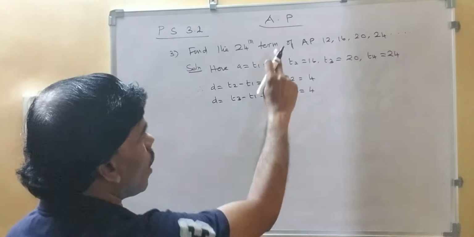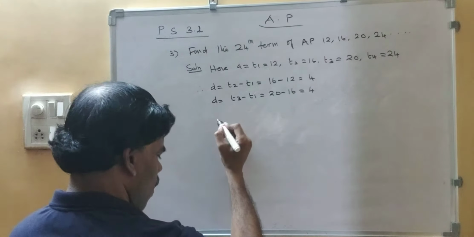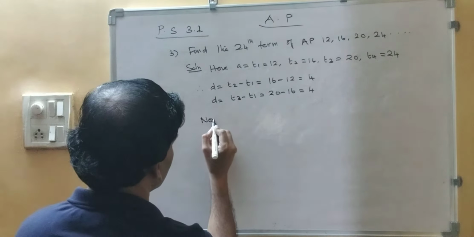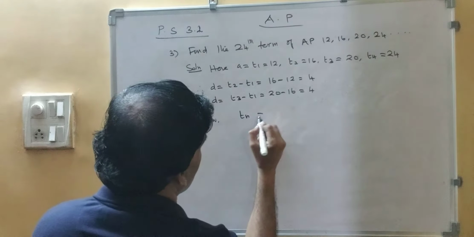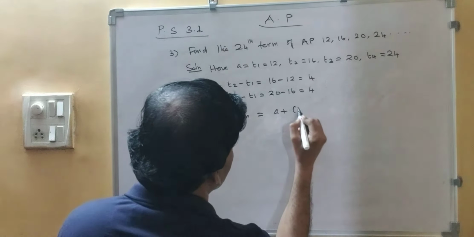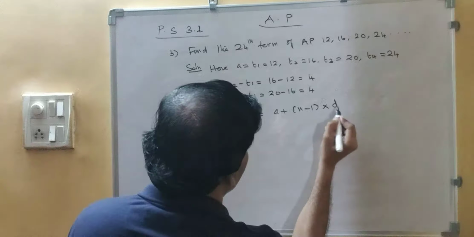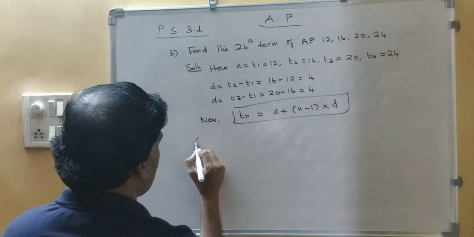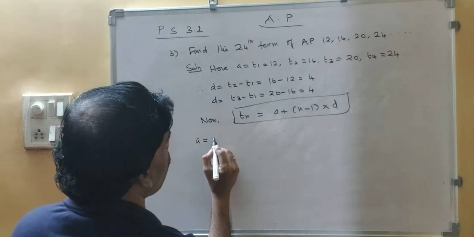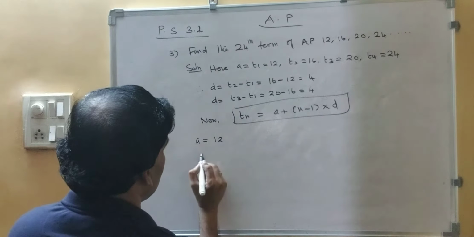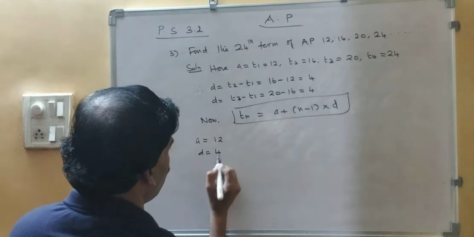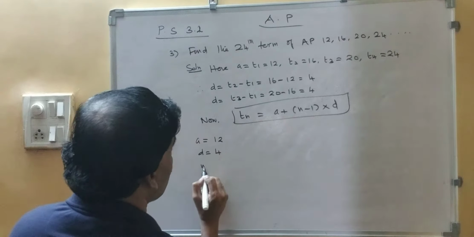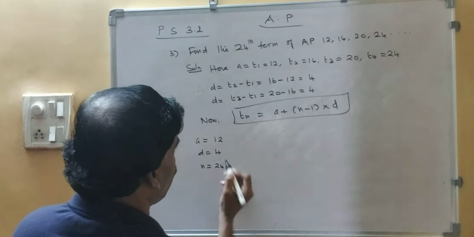So now we can write the formula. Tn equal to A plus n minus 1 into D. This is your formula. Now A is 12, D is 4 and n equal to 24.